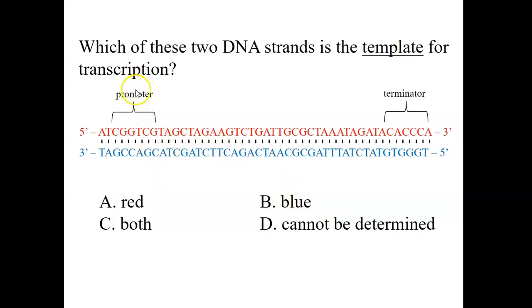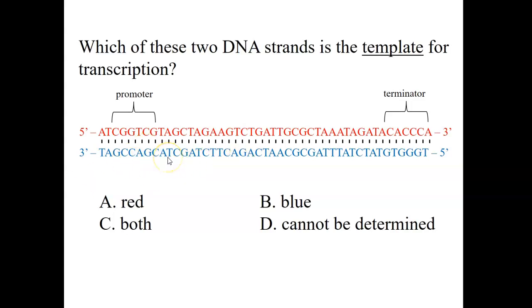So if this is our promoter, then again RNA polymerase is going to bind here upstream of our gene and then transcribe and unwind that DNA and allow for the new RNA strand to be synthesized as it's moving down this direction, and that RNA polymerase is going to be polymerizing a strand in the 5' to 3' direction.